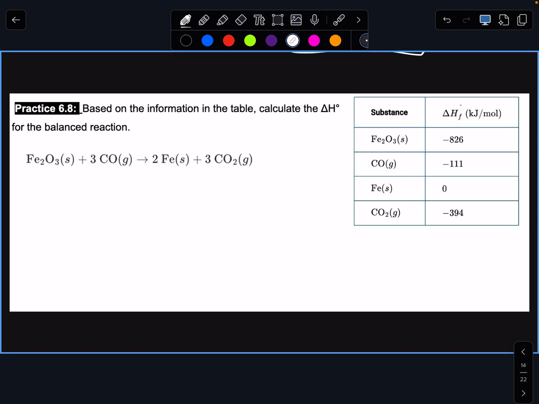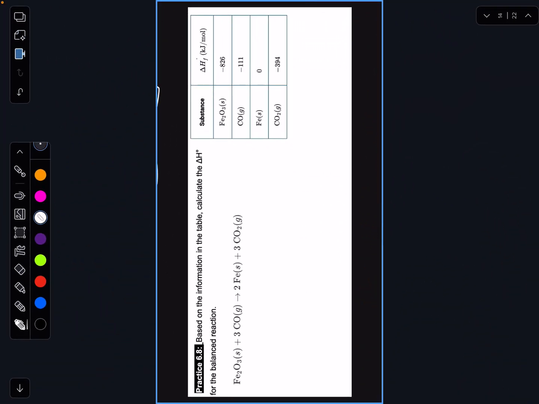Did I get it right? No. Oh, wait, I was right. Wait, I'm trying to see where the math went. Oh, negative 23, that's the answer. There we go. Stupid coefficients.